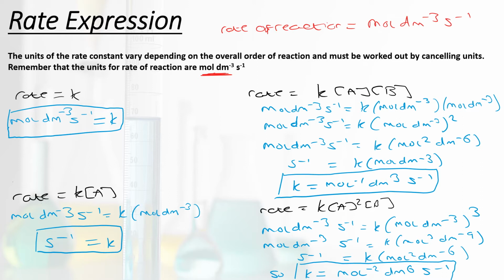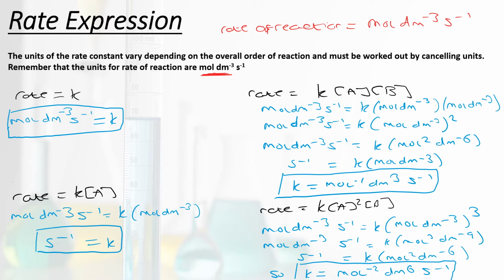When we divide through by these things, the sign of the index changes, so k is mole to the minus 1, decimeter cubed, second to the minus 1. So if we ever have to divide through by these indices, we always have to flip the sign. So mole per decimeter cubed on the right-hand side, when we work out k, becomes mole to the minus 1, decimeter to the positive 3, second to the minus 1.